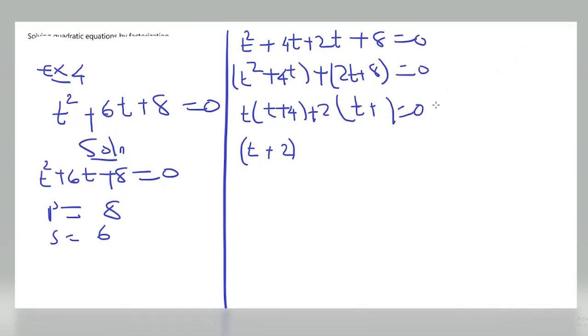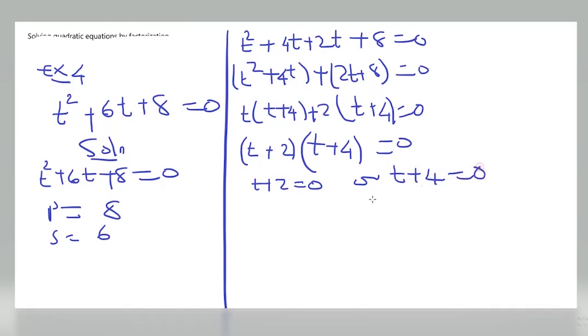T plus 4. Yes, so they should always be the same. Okay, then t plus 4. For this case, t plus 2 is equal to 0, or t plus 4 will give us 0.